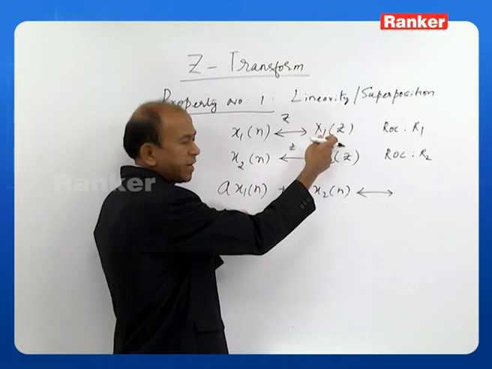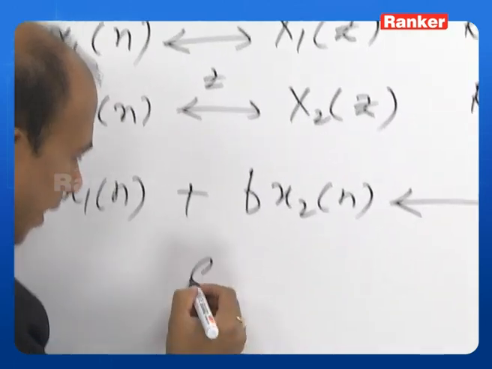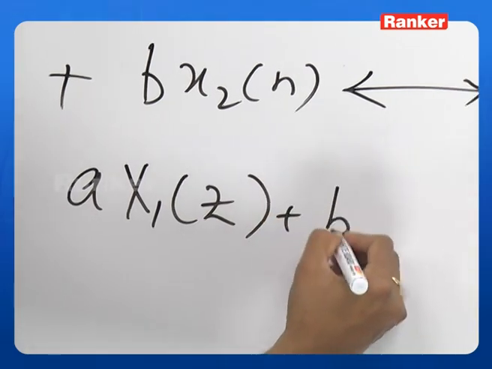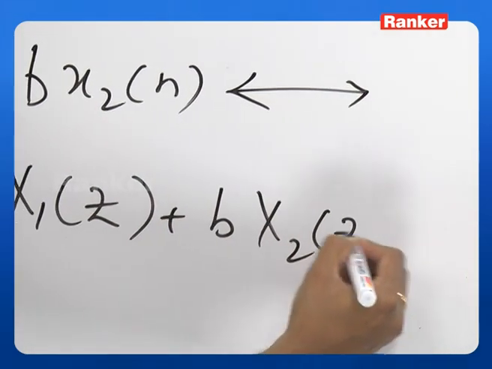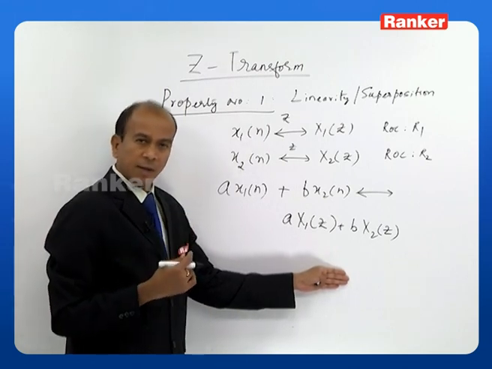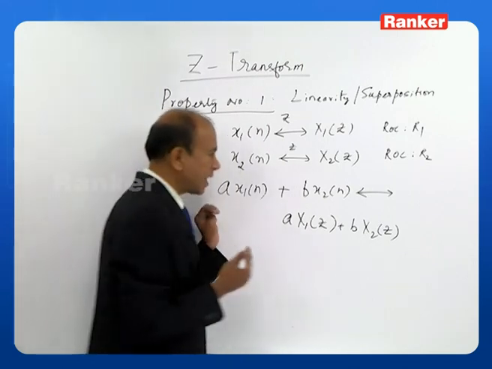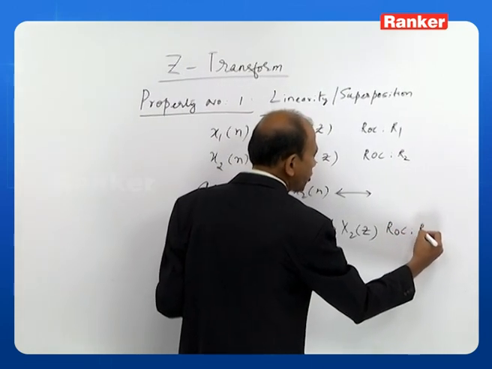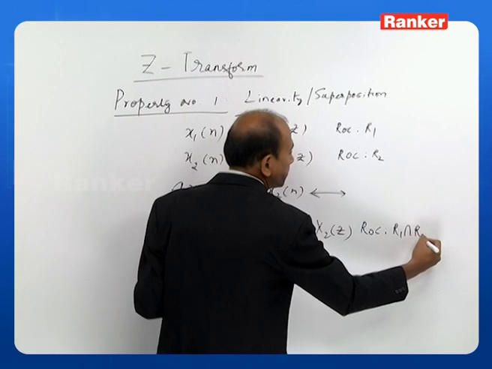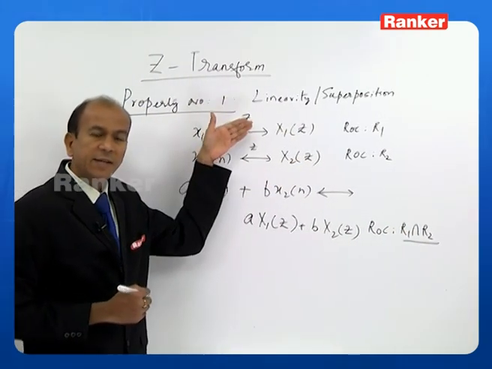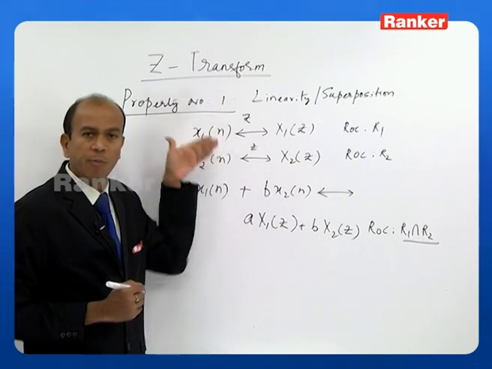X1 we have taken as x1 of z. So, that will be equal to a x1 of z plus b x2 of z. Okay, this is what is linearity superposition. Now, what will be the ROC of this? The ROC will be the intersection of these two. So, this is the linearity or superposition property.